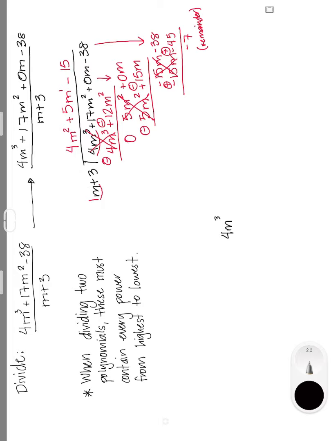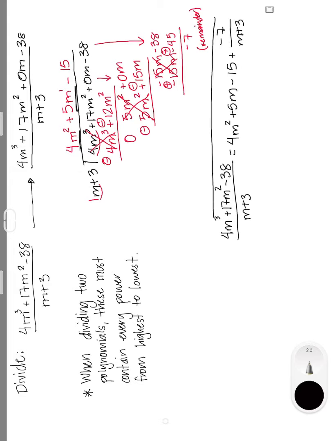So that means that 4m cubed plus 17m squared minus 38 divided by m plus 3 equals 4m squared plus 5m minus 15, and then plus negative 7 over m plus 3.